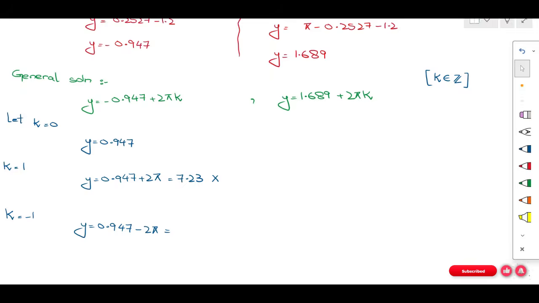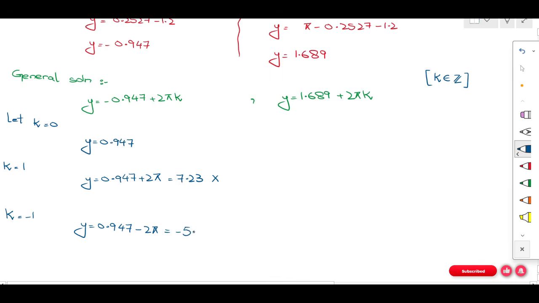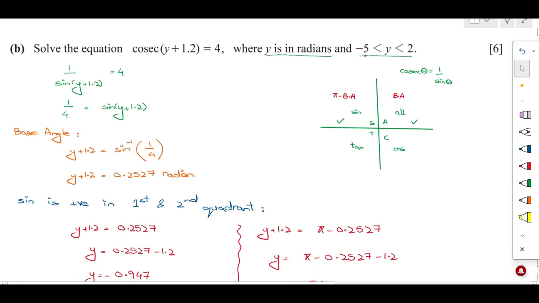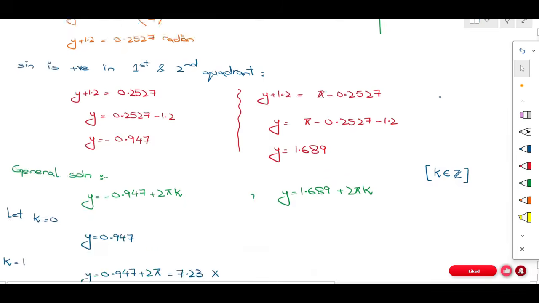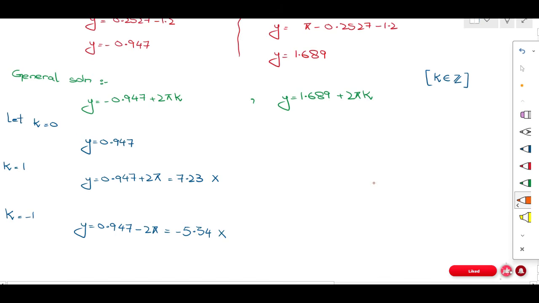Okay, so if I subtract it, it's minus 5.34, again not in the range. It should be between -5 and 2. This is not in the range. So from here, the only solution we got is this. This is the only solution.